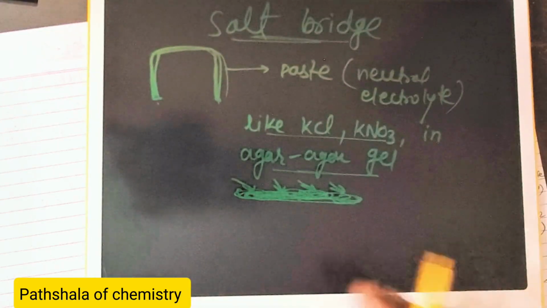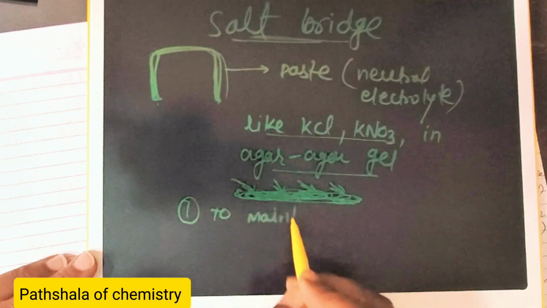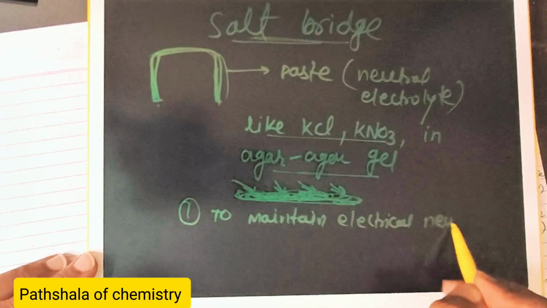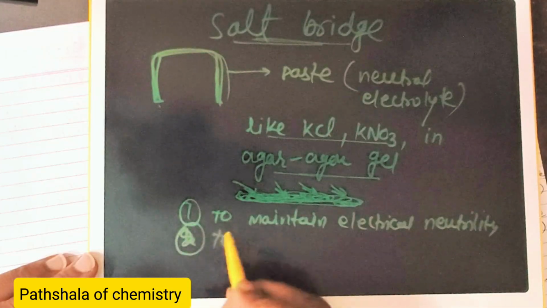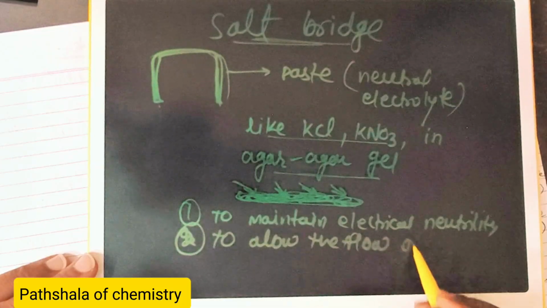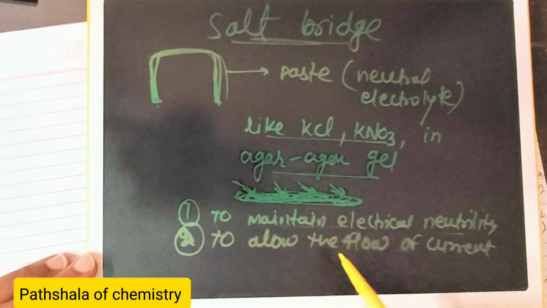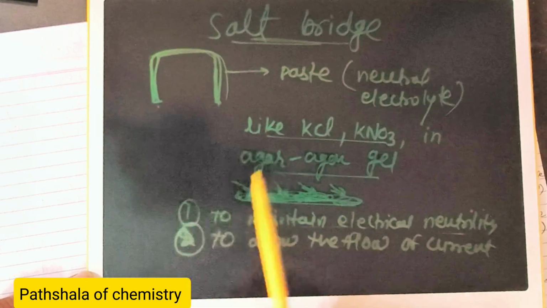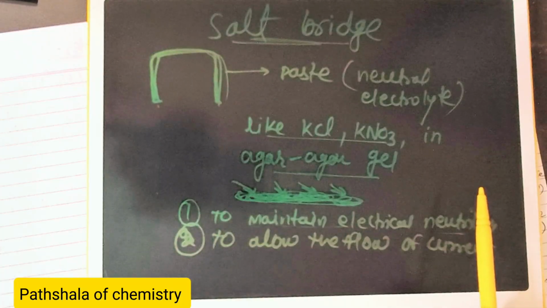So what is the function of this tube? First function, to maintain electrical neutrality. Second function, to allow the flow of current. Electrical neutrality means, as we will discuss later in the working of the Daniell cell, one electrode is losing electrons and another electrode is gaining electrons.